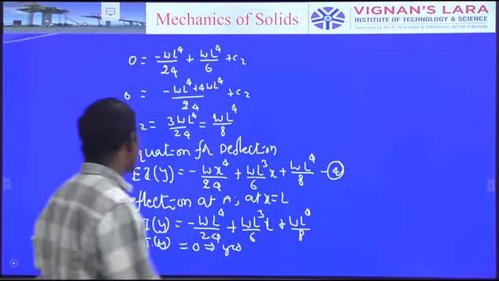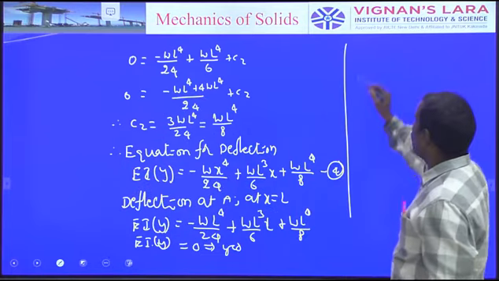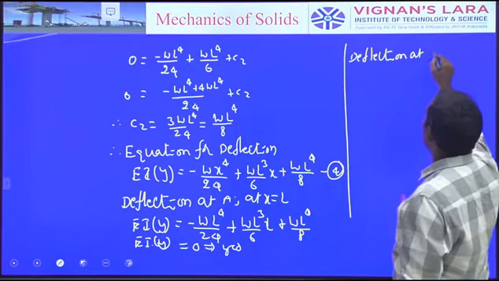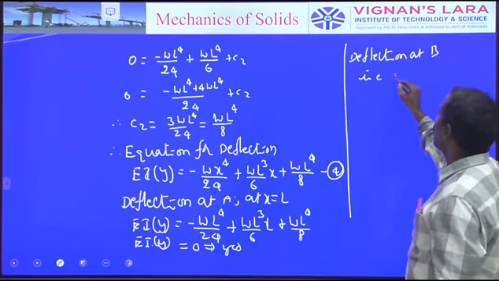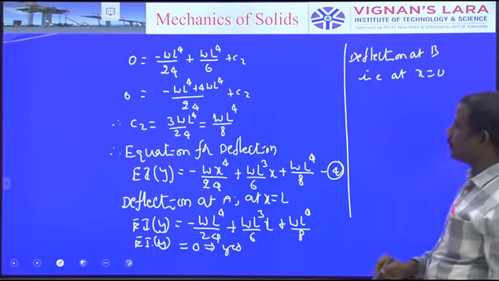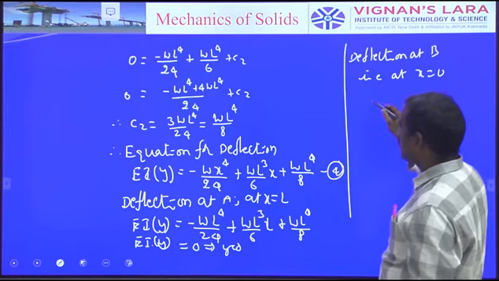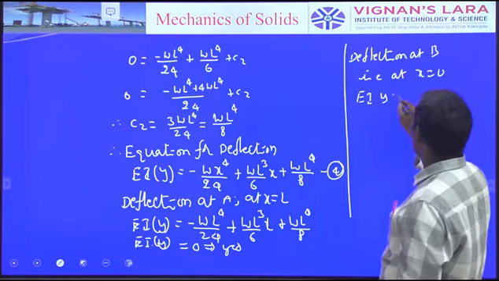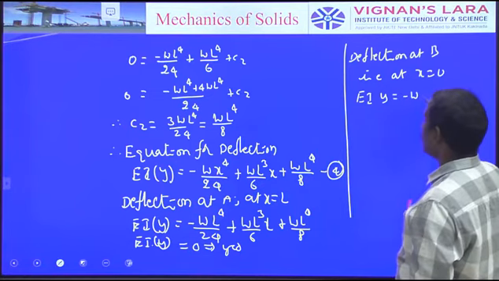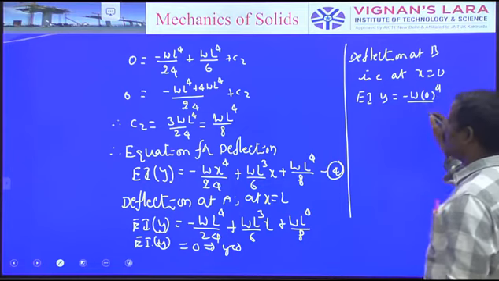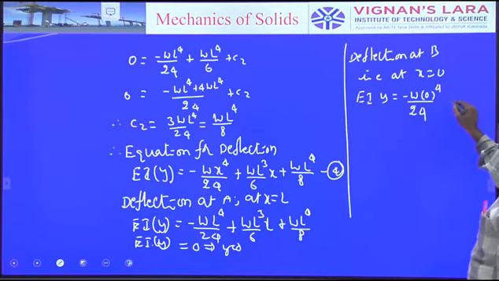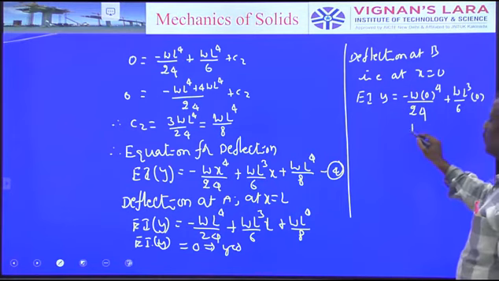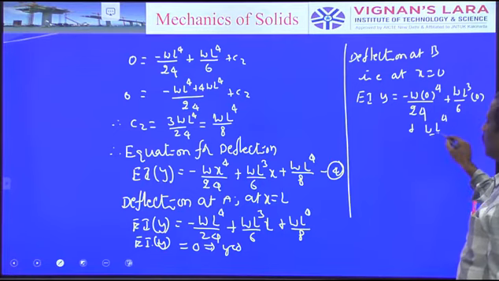Then find the deflection at B. Deflection at B means at x is equal to 0. Simply substitute x is equal to 0 in equation number 4: EI into Y is equal to minus W into 0 power 4 divided by 24 plus WL cube by 6 into 0 plus WL power 4 by 8.